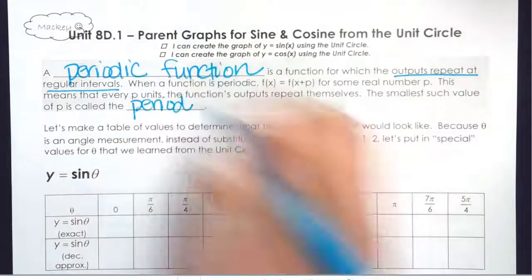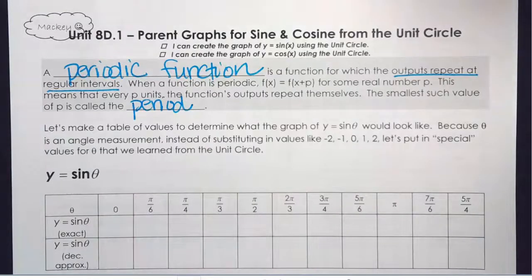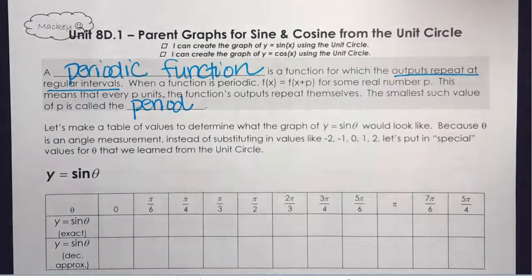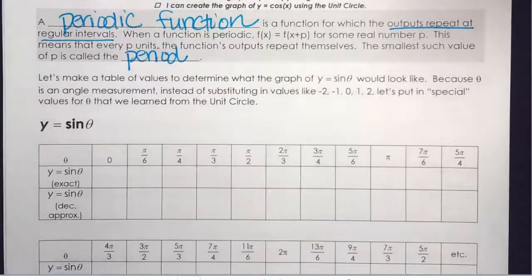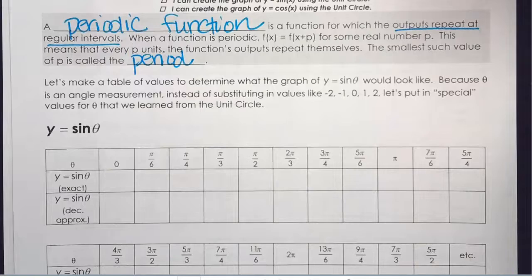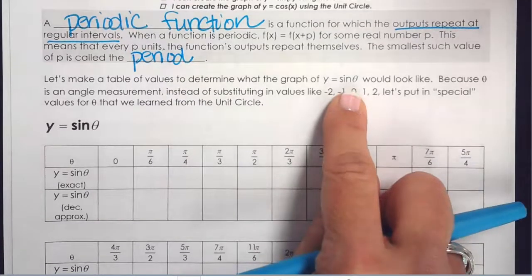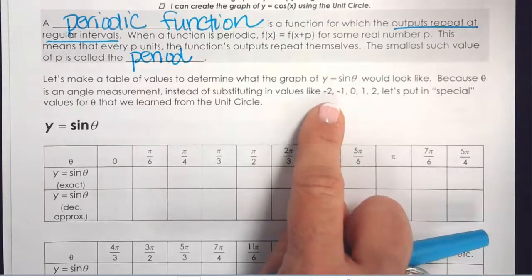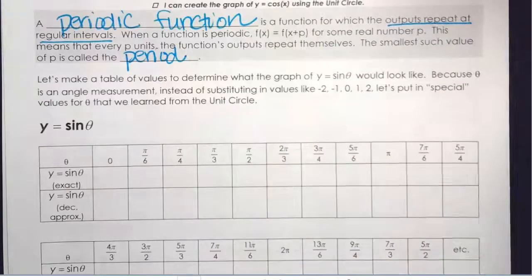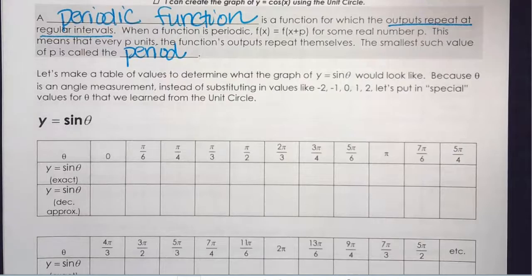So what we're going to do is make a table of values to determine what the graph of y equals the sine of theta would look like. Now, normally what we do is we substitute things like -2, -1, 0, 1, and 2. But because theta is an angle measurement, let's put in special values for theta that we learned from the unit circle.